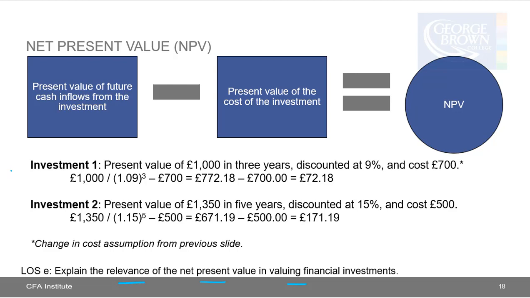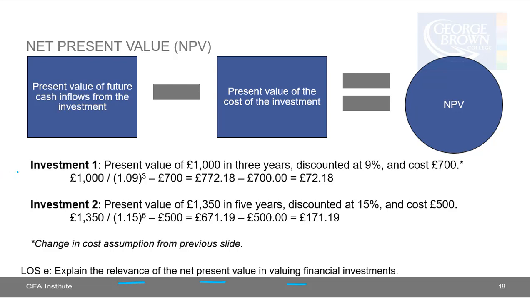So the net present value of an investment is the present value of the future cash flows or returns minus the present value of the cost of the investment, which often but not always occurs in the initial period. Okay, so using net present value rather than present value to evaluate investments is especially important when the investments have different initial costs.